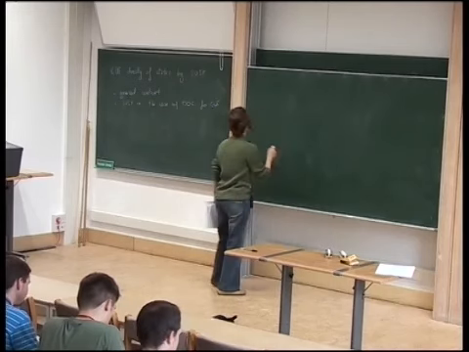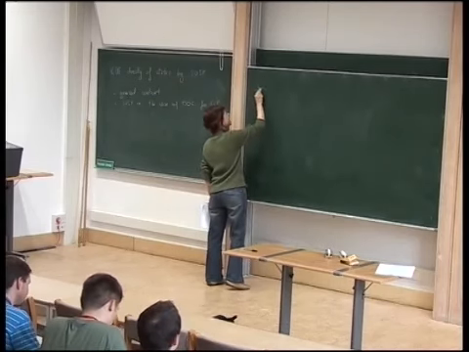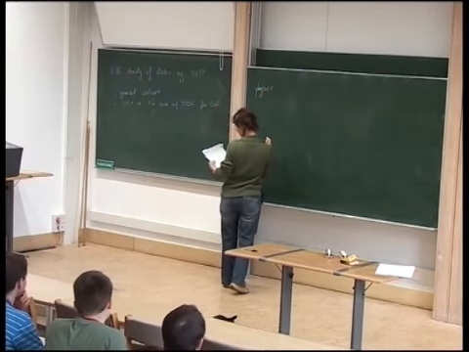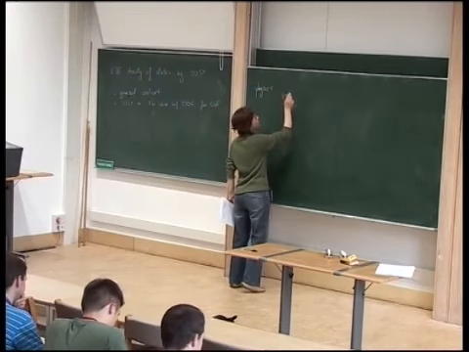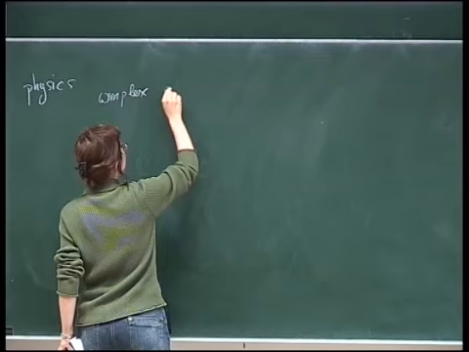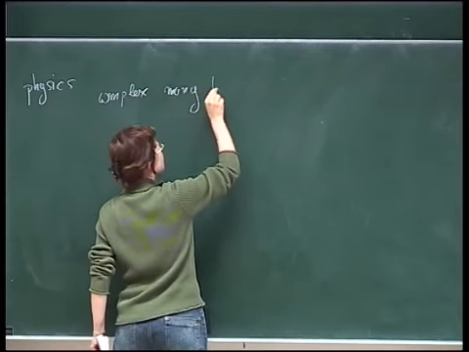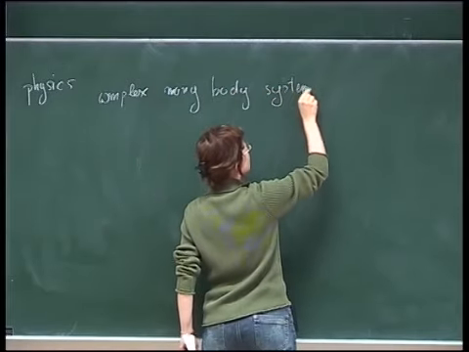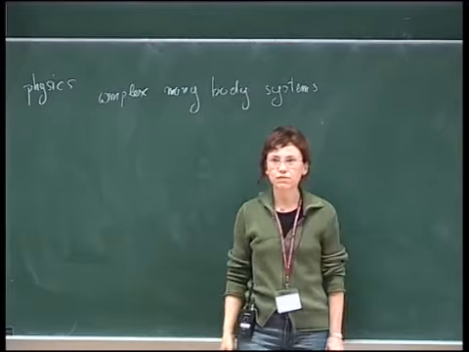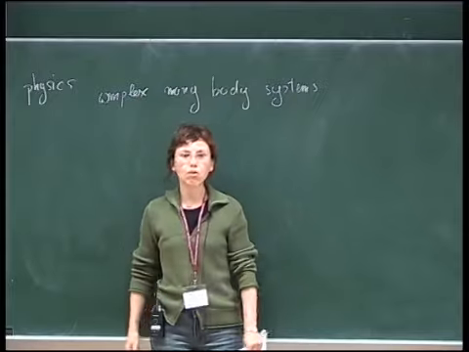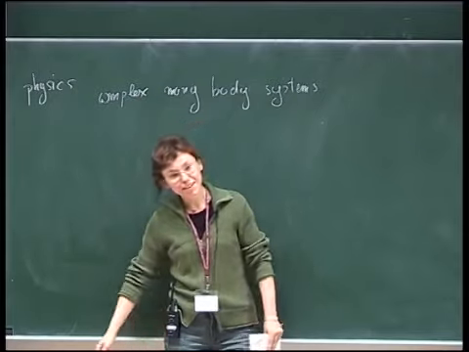In physics, it was introduced to study the energy levels of complex many-body systems. So you have to study, for instance, the energy levels of a big nucleus or a very complicated molecule.